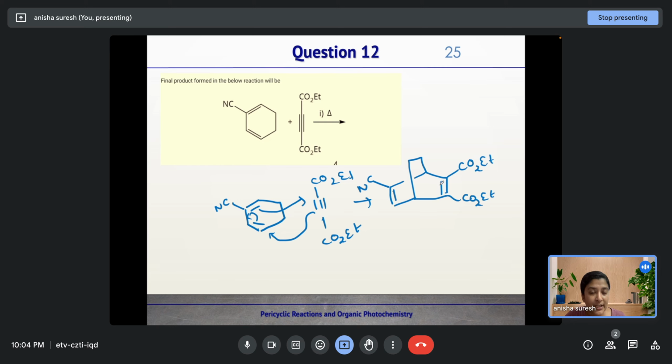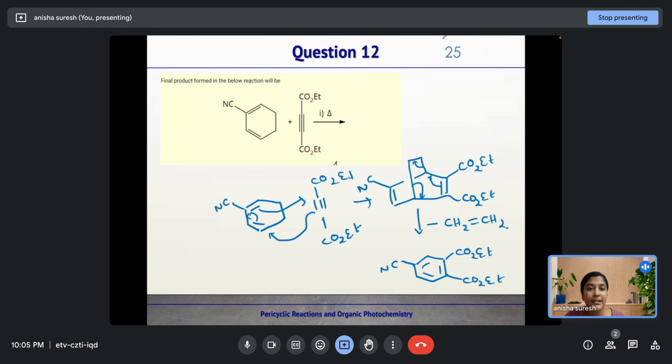An elimination reaction will take place. So it will be in this fashion, minus ethene. It will give an aromatic system. CN, CO2Et, CO2Et.